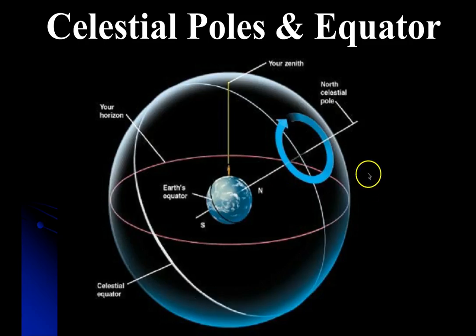Okay, so the idea here is, remember the clear sphere we had for the celestial sphere. We start off with the poles. The north celestial pole is directly above the North Pole on the Earth, and the South Pole has the south celestial pole as well. The celestial equator is directly above the Earth's equator, and your zenith then indicates a particular point here.